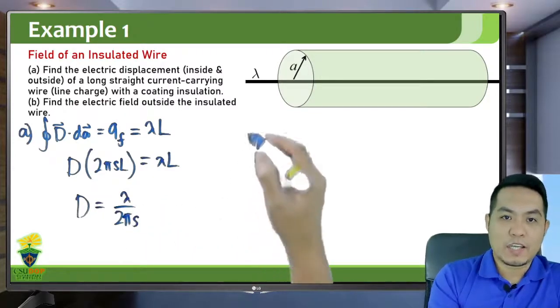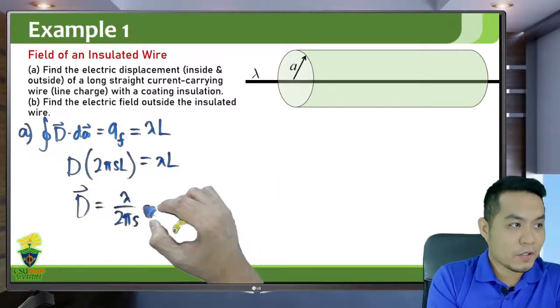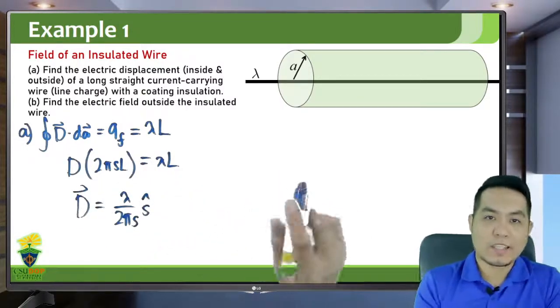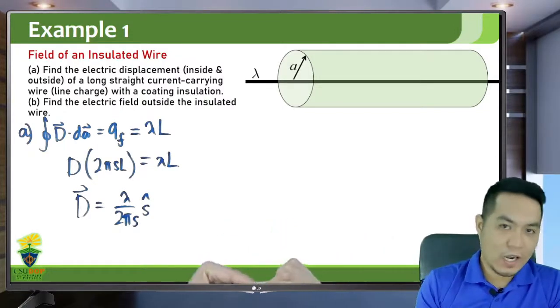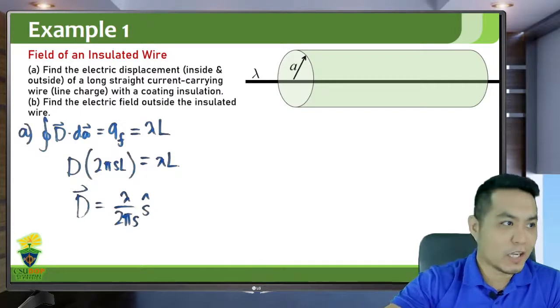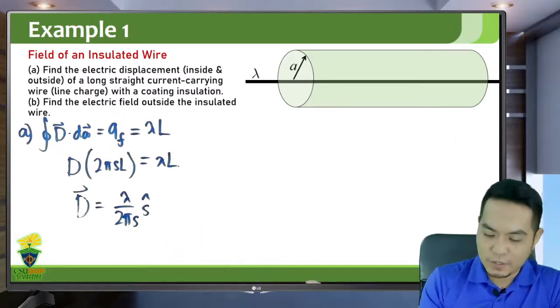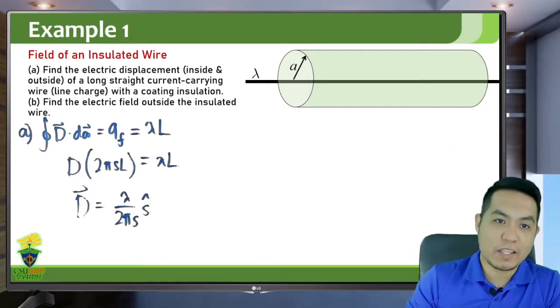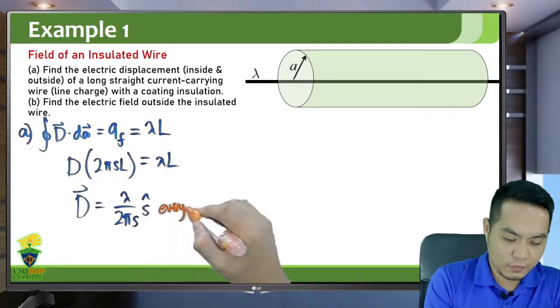Assuming this is a positive line charge, the direction of this displacement is s hat, radial. This electric displacement is actually the same inside and outside the rubber insulation. So this is the electric displacement everywhere.